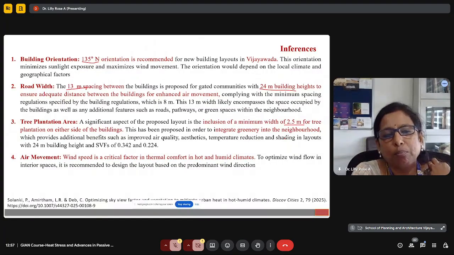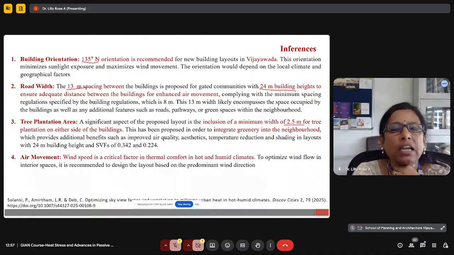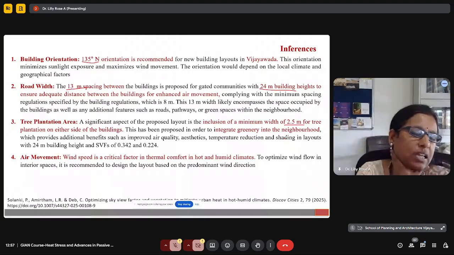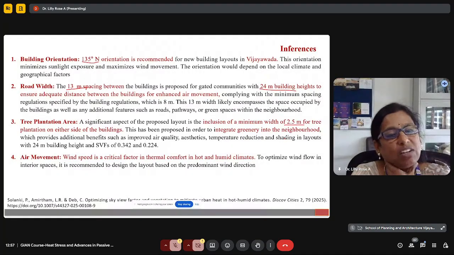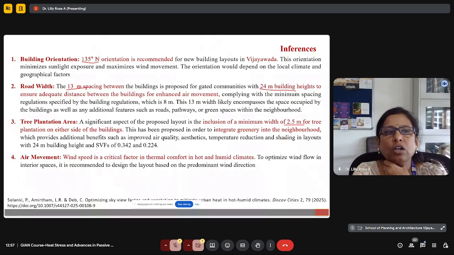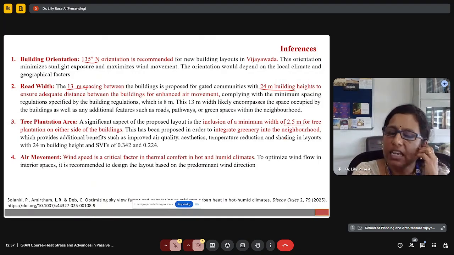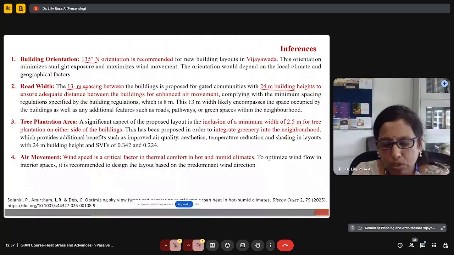That can integrate greenery, vegetation or trees within the gated community, which can enhance the thermal comfort conditions, especially outdoors, which will again have an impact on indoor energy consumption, which can be reduced significantly. So that was the finding of this particular study.